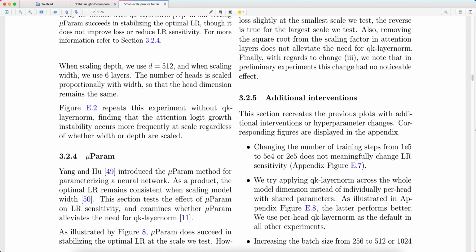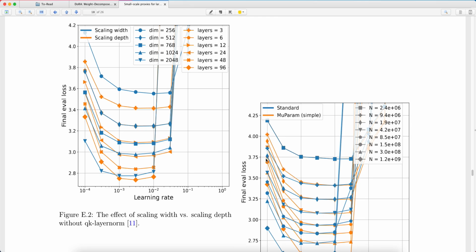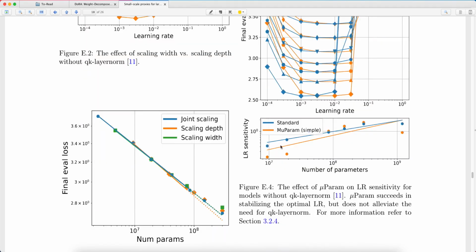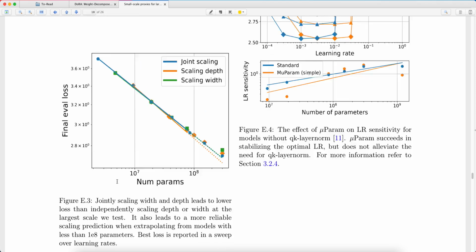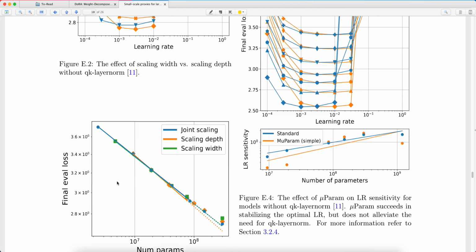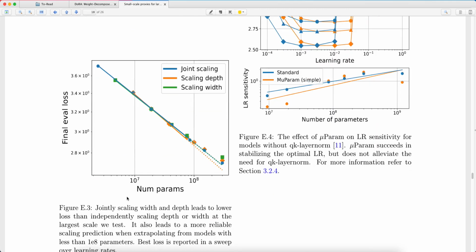Attention logit growth instability occurs more frequently at scale, regardless of whether width or depth are scaled. That's without qk-layernorm. So without qk-layernorm, learning rate sensitivity, no, that's not that one. Jointly scaling leads to lower loss than independently scaling at the largest scale.